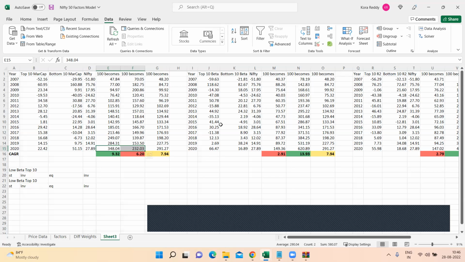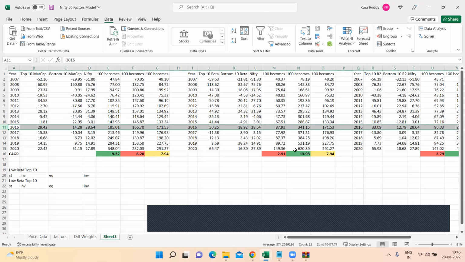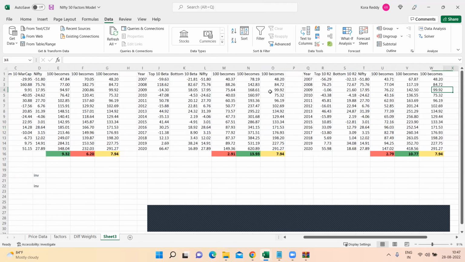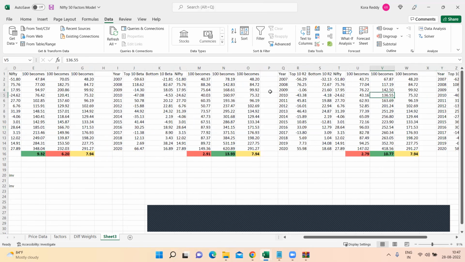When I first did this exercise in 2016, I had read a lot of literature, but I was shocked by this, the beta factor. And also to a certain extent, this correlation.